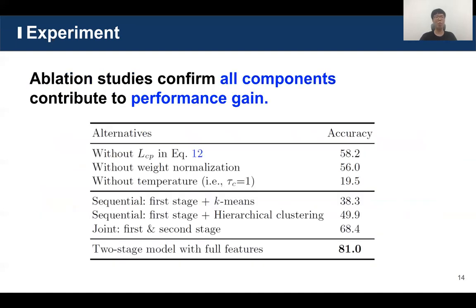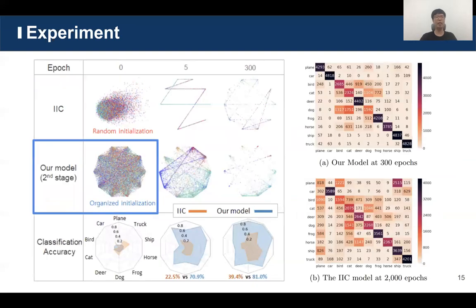Moreover, when we performed the ablation study on the second stage model, we found that all components in our model contribute to the performance gain, and our full model performs the best. This figure shows the intermediate states of prediction over CIFAR10 during training of two models, IIC, the current SOTA, and our model. Both models utilize the same mutual information-based loss.